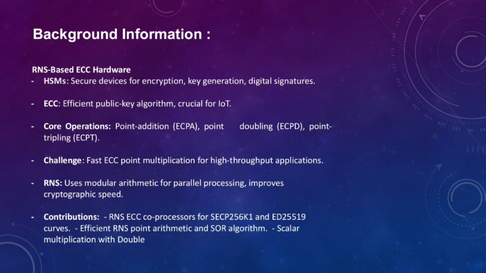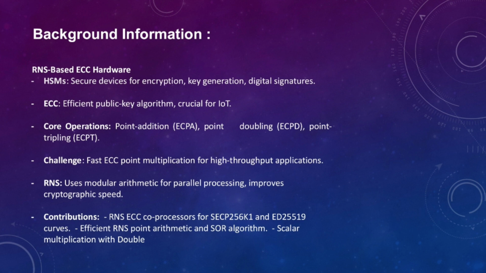In core operation, we got three points: point addition ECPA, point doubling ECPD, point tripling ECPT. We got the challenge, that is fast ECC point multiplication for high throughput applications, the applications which have high throughput.